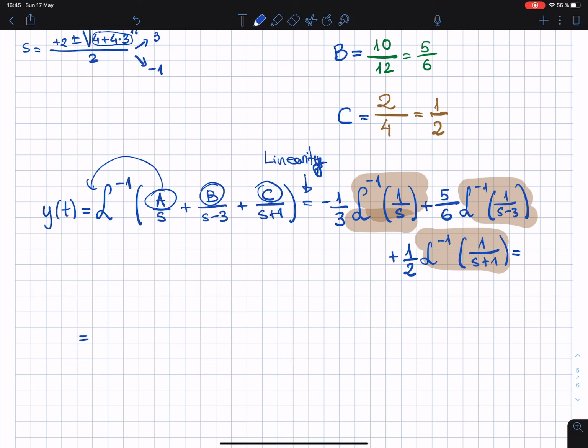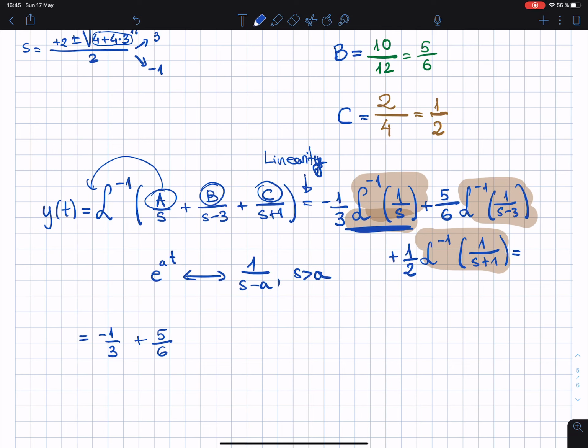This is minus 1 over 3. Now the inverse Laplace transform of 1 over s is 1, plus 5 over 6. The inverse Laplace transform, remember that the inverse Laplace transform of the exponential is this.